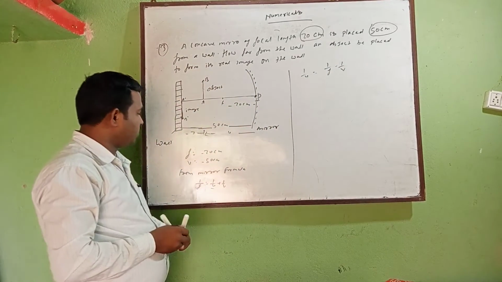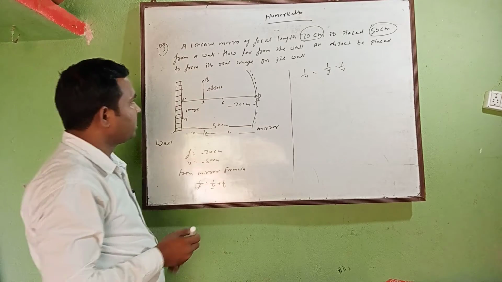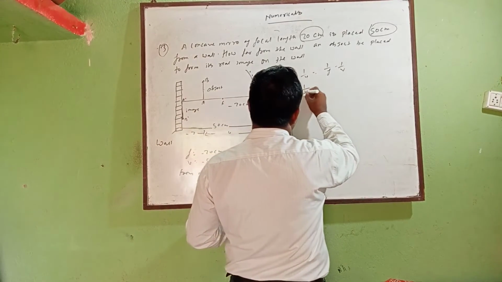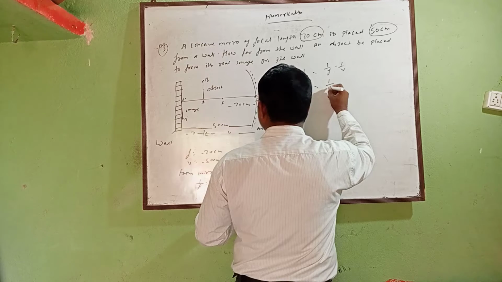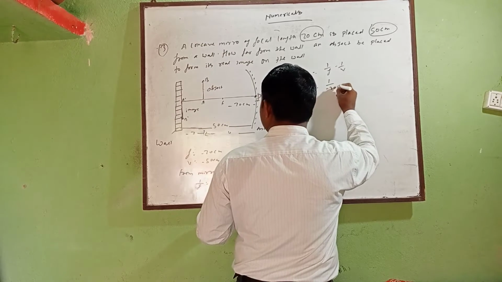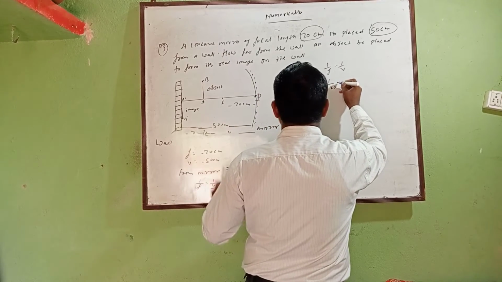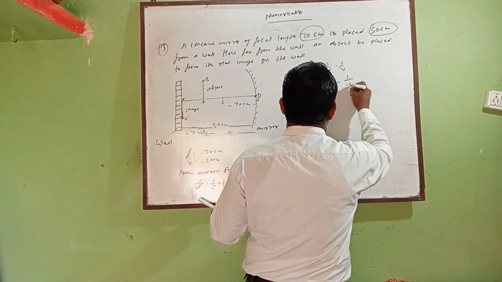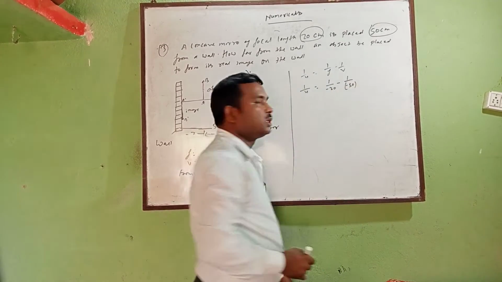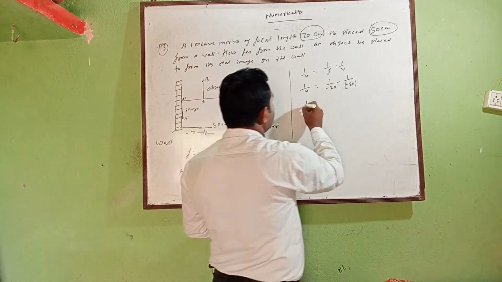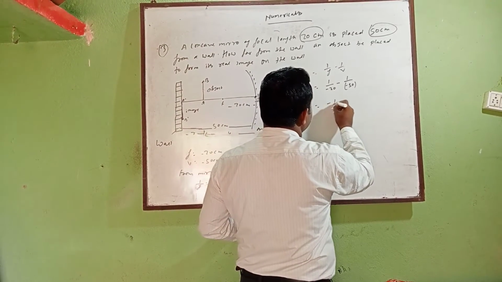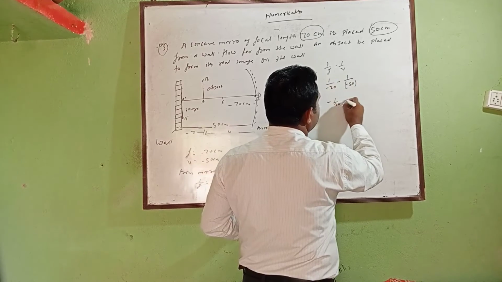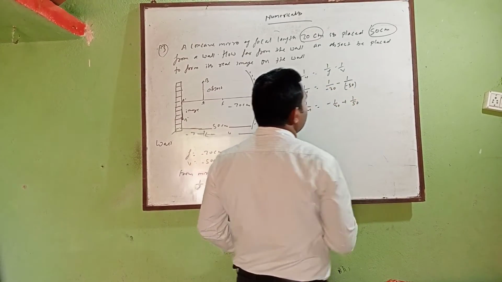Now we can put the value. We have the values of f and v, so we can substitute here. 1 by u equal to 1 by minus 20 minus 1 by minus 50. We can solve this. So 1 by u equal to minus 1 by 20, and minus minus is plus 1 by 50.